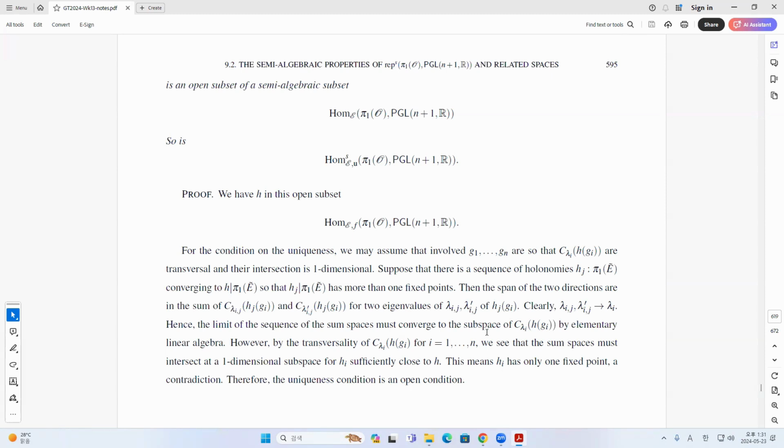So that means that as long as you're very close, you still have some transversality. So you get only 0 dimension, keep getting the uniqueness, of the open condition here.